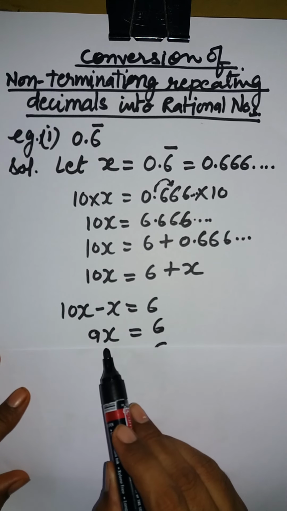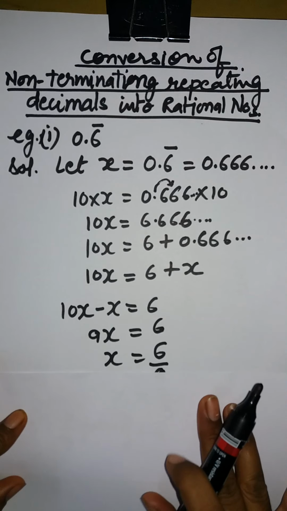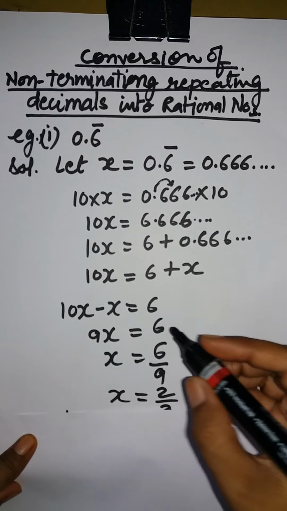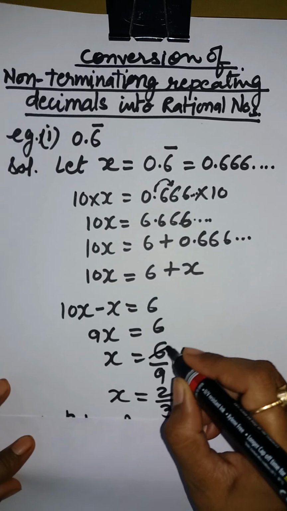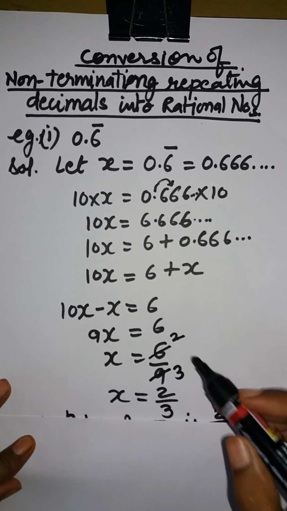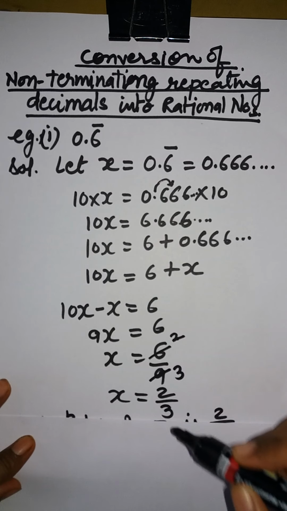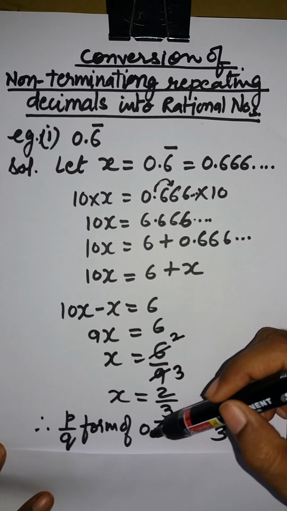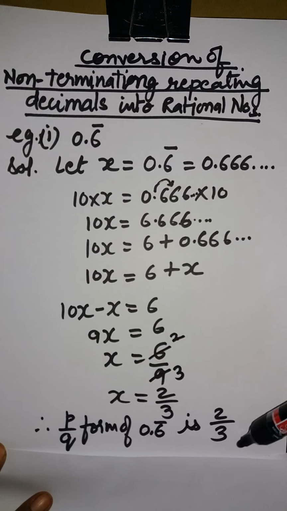The answer is 9x equals 6, and the value of x will be 6 by 9, which when we simplify, 2 times 3 is 6 and 3 times 3 is 9, so it will be 2 by 3. So the p by q form of 0.6 bar is 2 by 3.